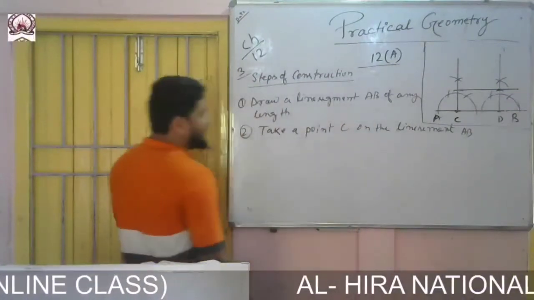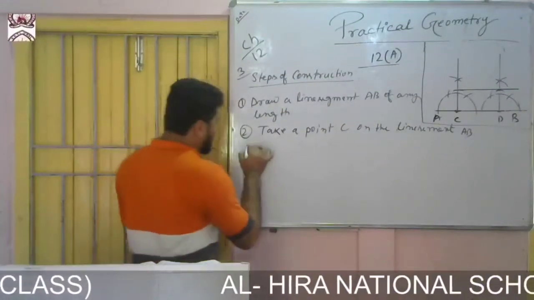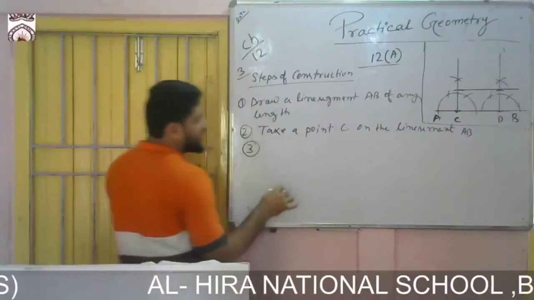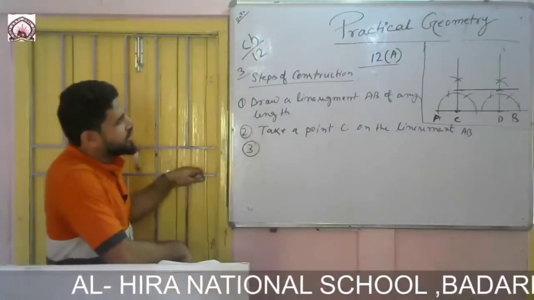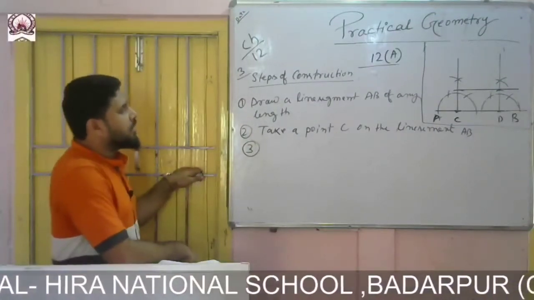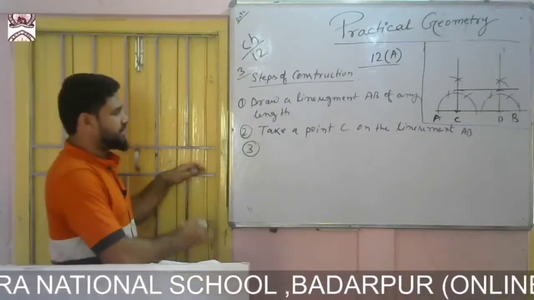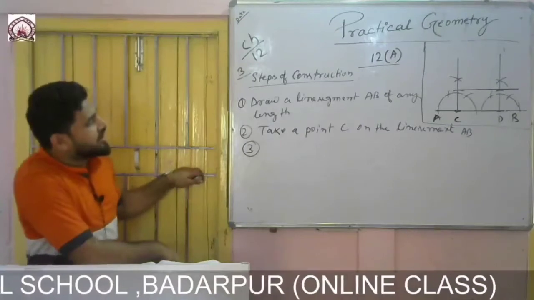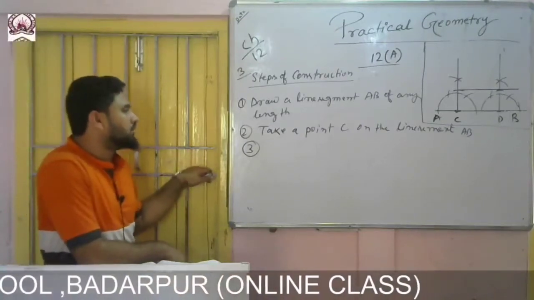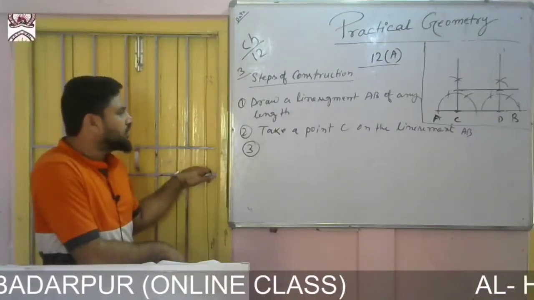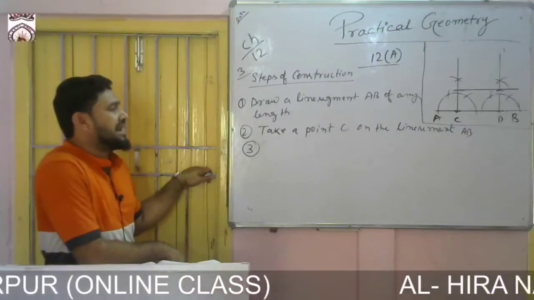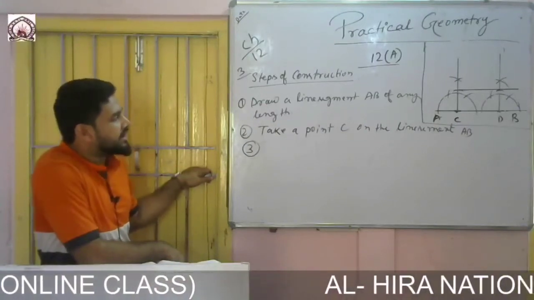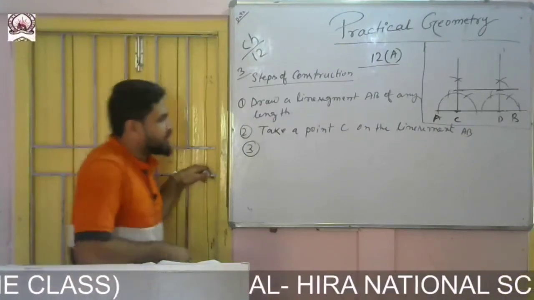Then number 3: Draw two perpendiculars. So directly you can write, draw a line segment perpendicular to AB.